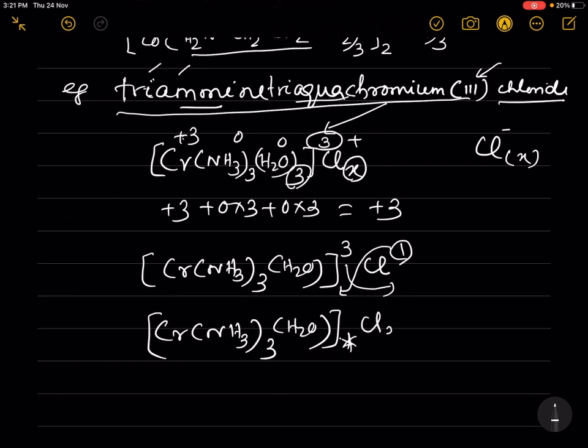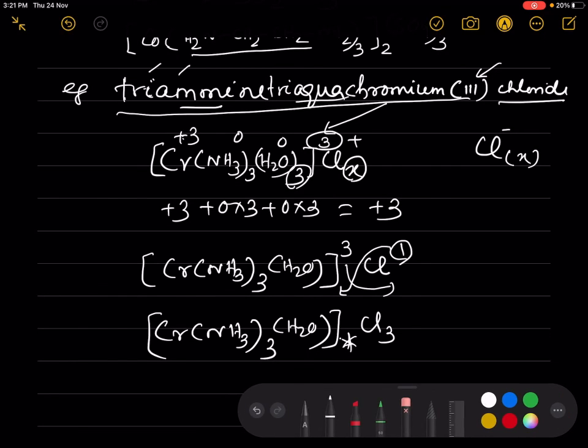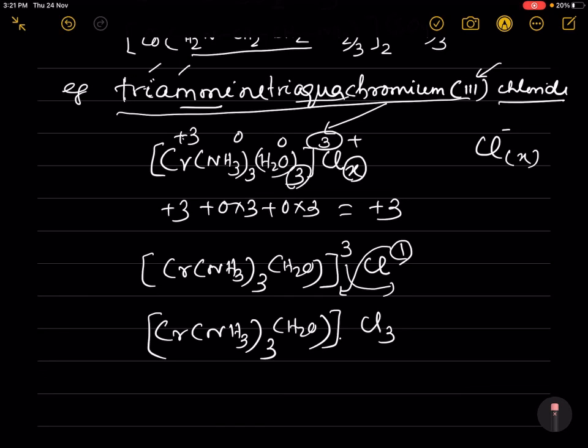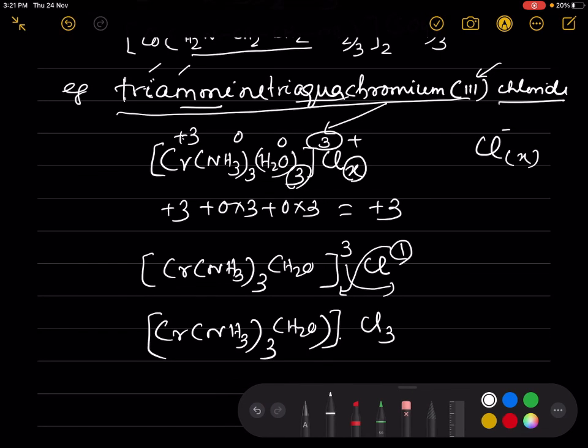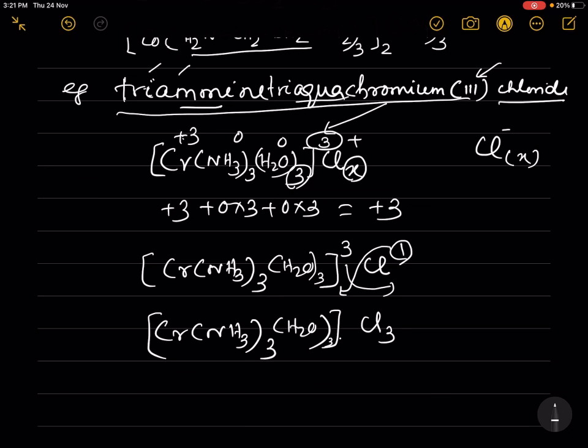You see the formula of the complex compound triammine triaqua chromium(III) chloride: [Cr(NH3)3(H2O)3]Cl3. So here I have given another trick.